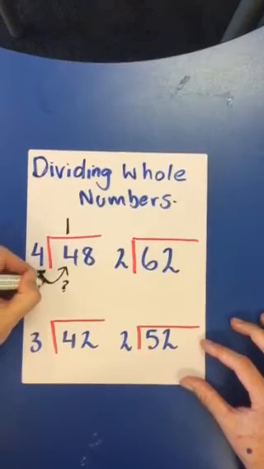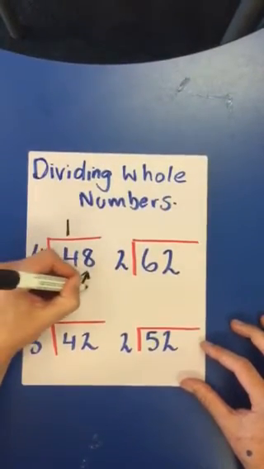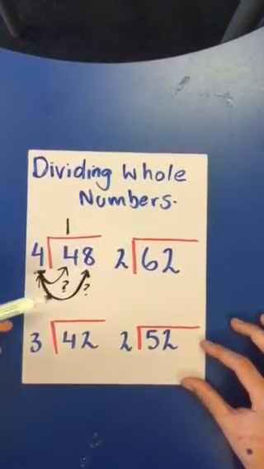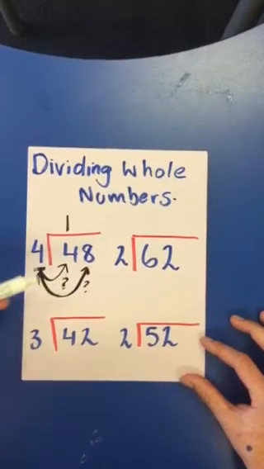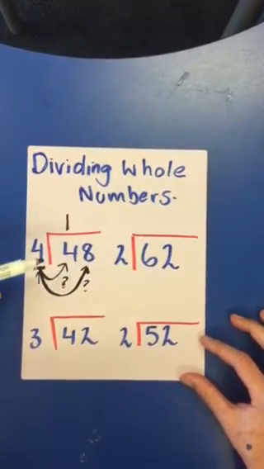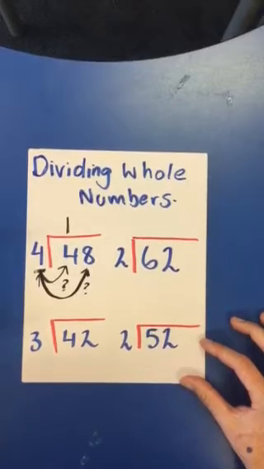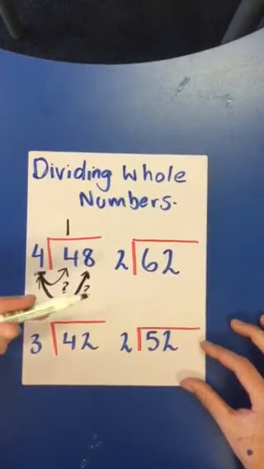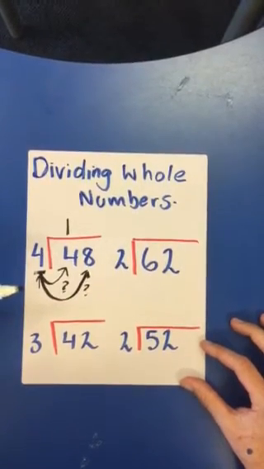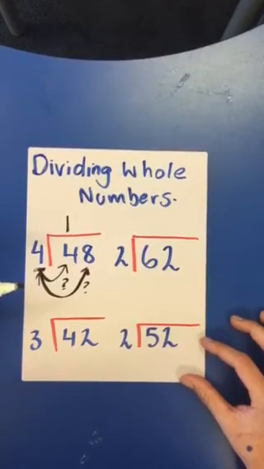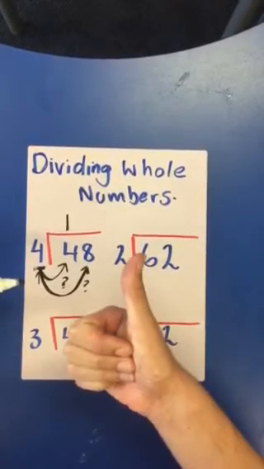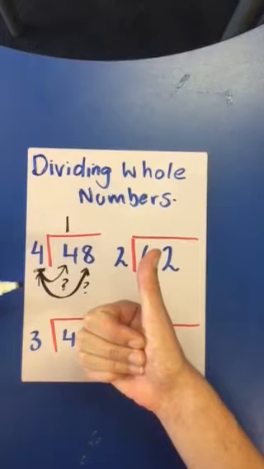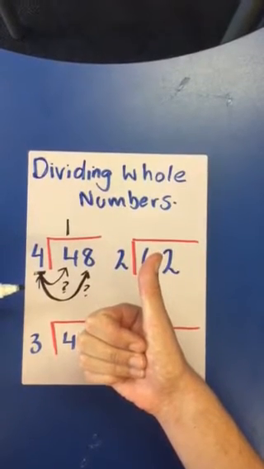Then I ask myself the next question. And although I may not draw these arrows on the page, this is what I'm thinking. How many times does 4 fit into 4? And how many times does 4 fit into 8? Well, let's count up in 4s. 4 fits into 4 once, plus another 4 for me.